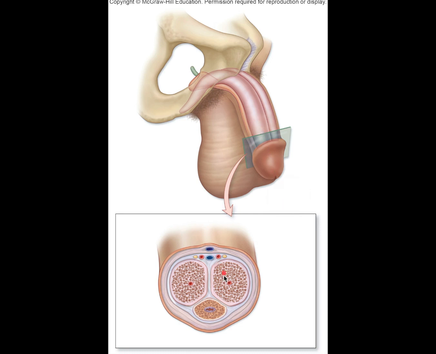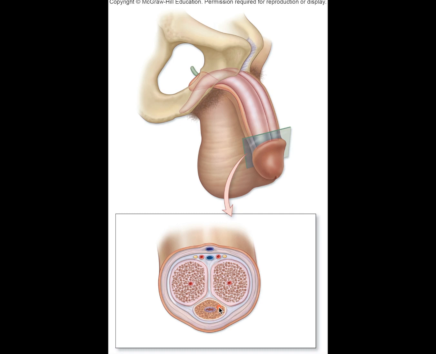So you can see the two chambers of the corpus cavernosum here, and they do enter into the pelvic cavity and attach to the pelvic bones. The females have a similar structure, same name, and that is the crus. So the crus of the penis is where the corpus cavernosum come in and attach the penis to the pelvic bones. And then this space down here, it's not a space, it's an erectile body.